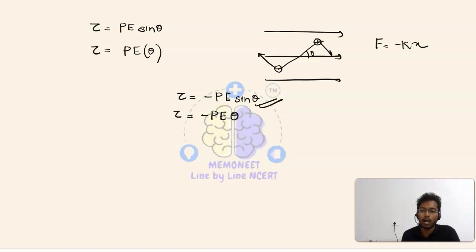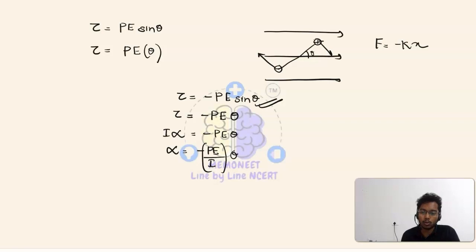And we know that tau is equal to I alpha, not omega, so I alpha is equal to minus pE theta. So we can write alpha is equal to minus pE upon I into theta.